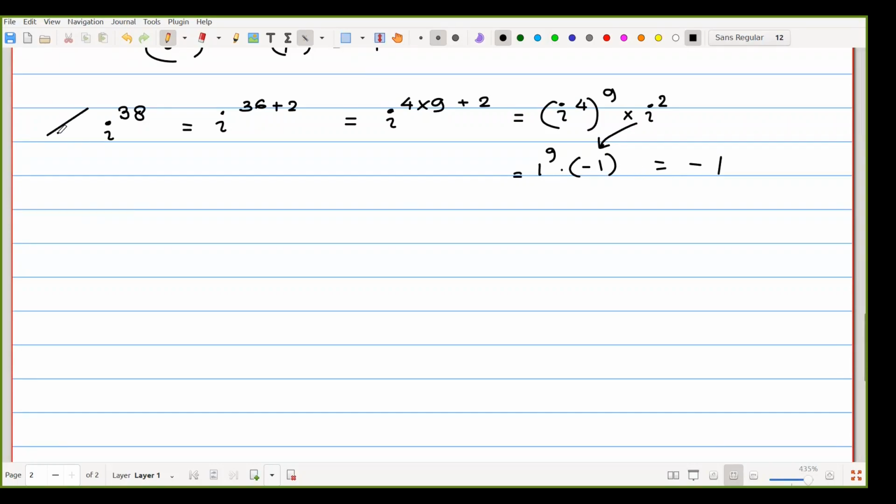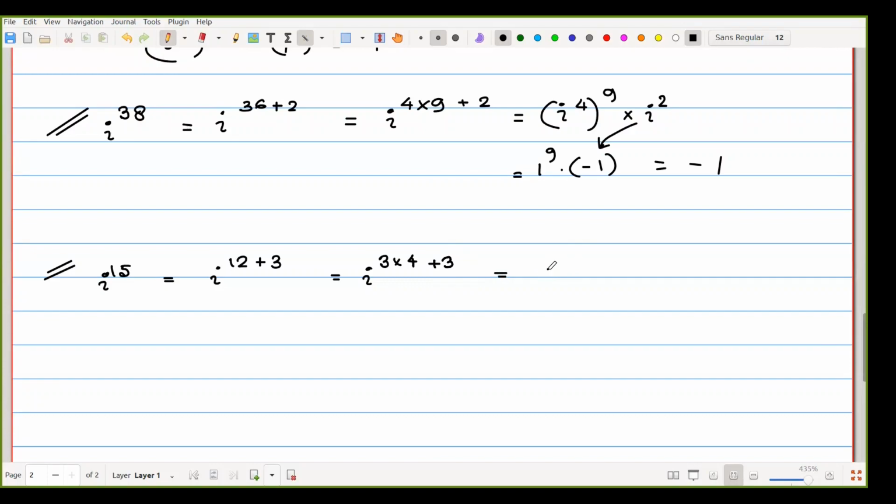Same as, suppose next one, that is i to the power 15. So that is i to the power, suppose 12 plus 3. So that is i to the power 3 into 4 plus 3.